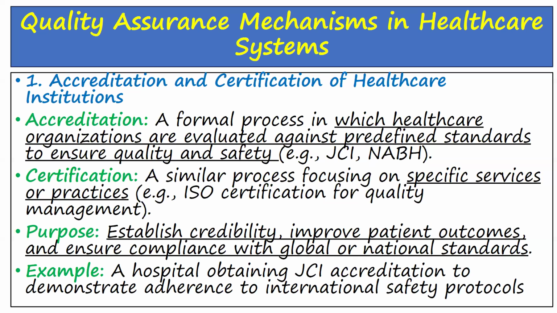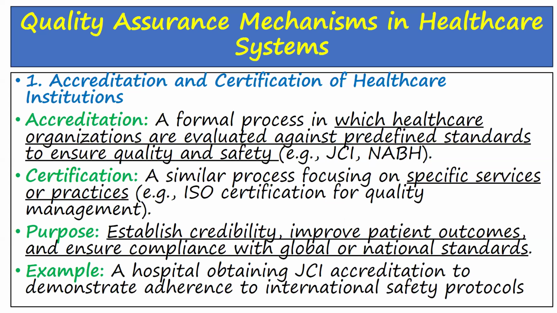Then number two, certification. A similar process focusing on specific services or practices. For example, we normally have the ISO certification for quality management. ISO is also an international organization. Students who have done management know what ISO certification is. If any organization has ISO certification, it means that their quality is excellent.